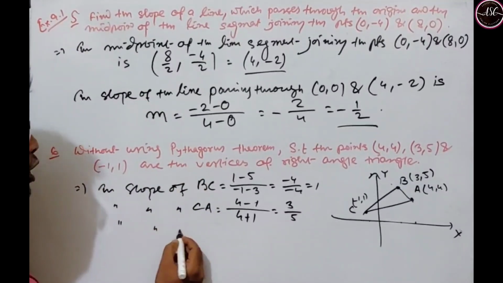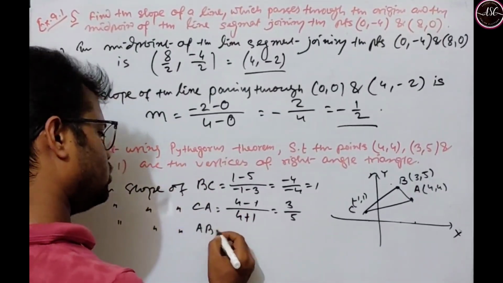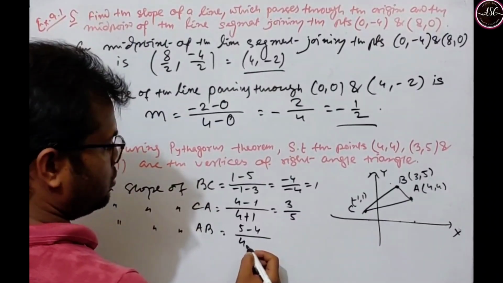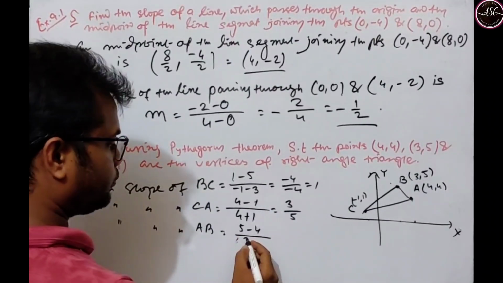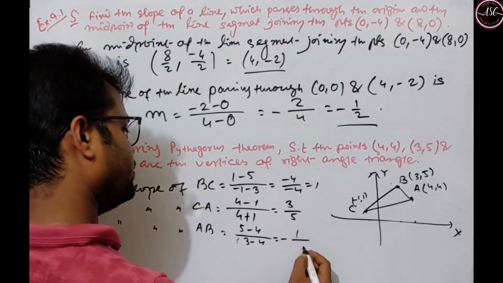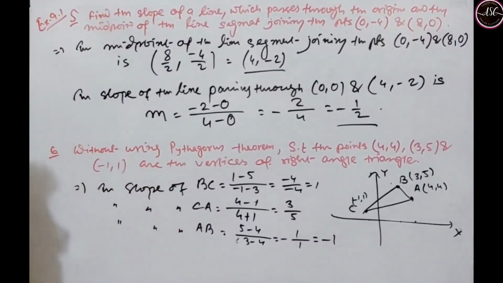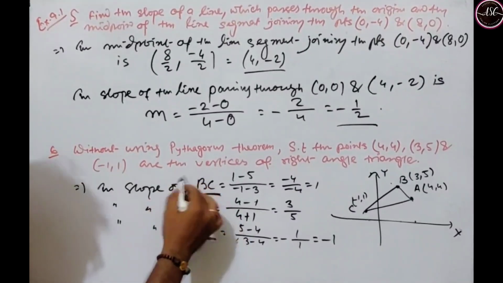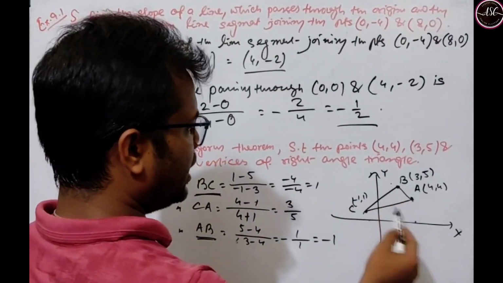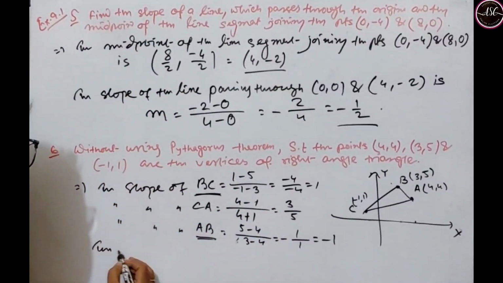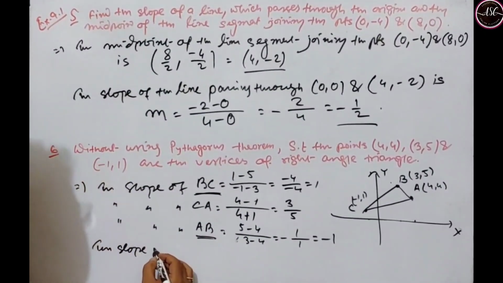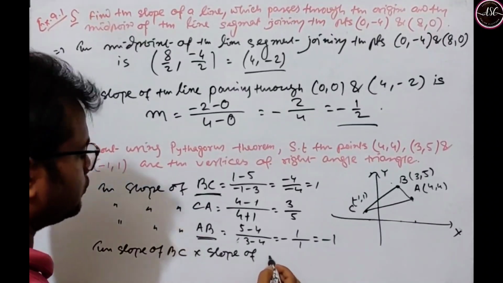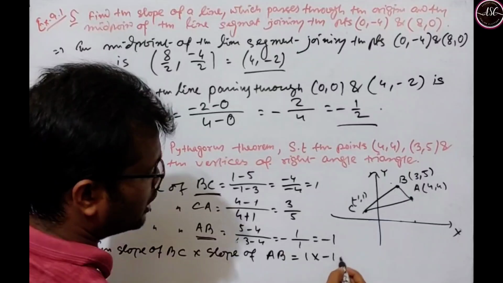And the slope of AB equal to 5 minus 4 divided by 3 minus 4, equal to 1 by minus 1, that means minus 1. Okay, if we multiply the slopes of BC and AB, the slope of BC into the slope of AB equal to 1 into minus 1, that means minus 1.